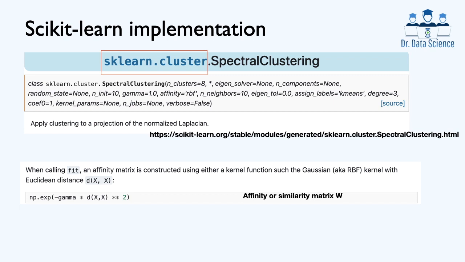It doesn't really matter because they're equivalent. And so here, by definition, we are using negative the hyperparameter gamma times the distance squared. And similar to k-means clustering, you need to give the number of clusters. That's something that we have to specify.